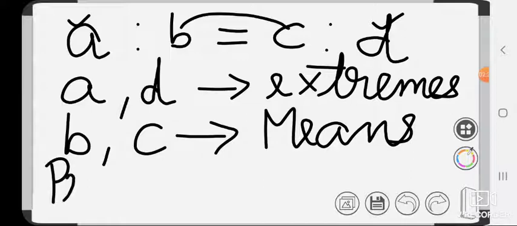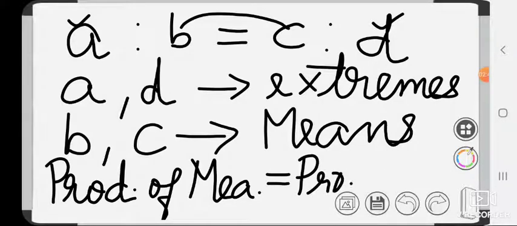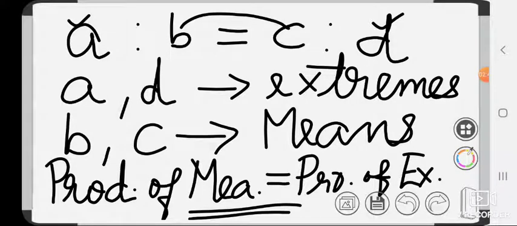If the ratios are in proportion, then product of means is equal to, I am writing the short form, product of extremes. Okay, if the given ratios are in proportion, we can say that product of means is equal to product of extremes. How can we write?